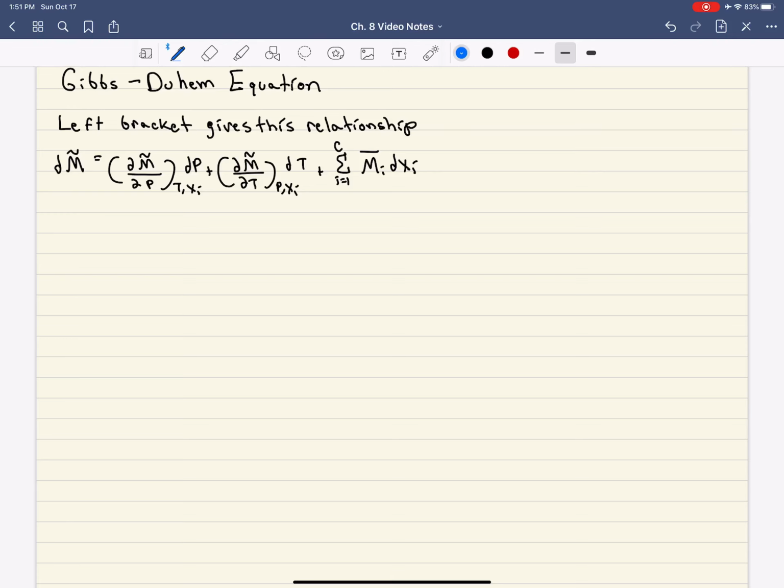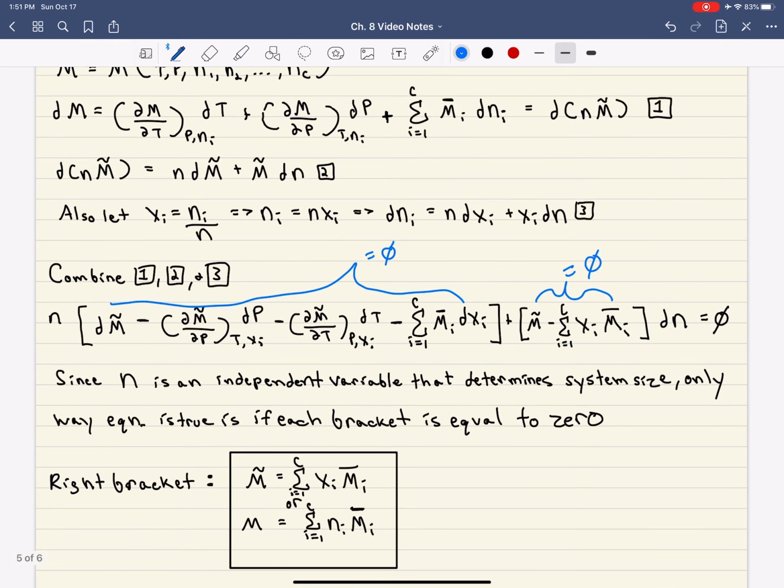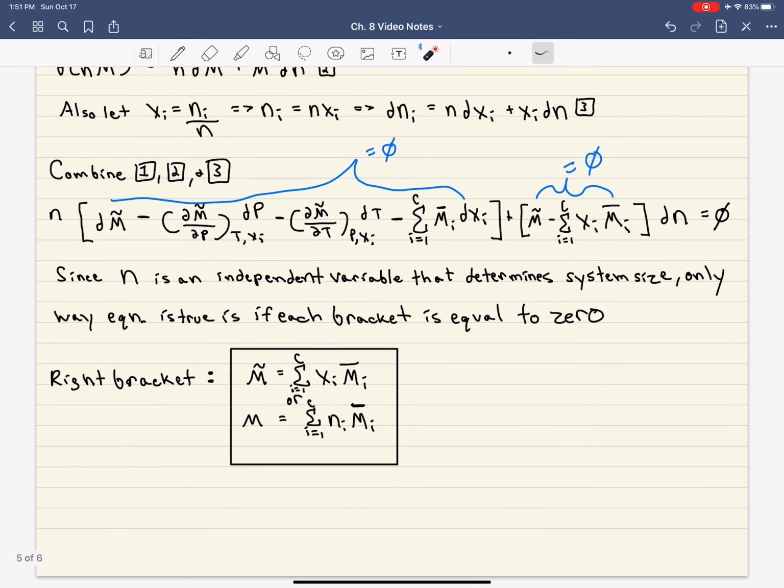But what we should also be reminded about is from our relationship on the previous page, we got that M squiggly of the entire mixture is equal to this.